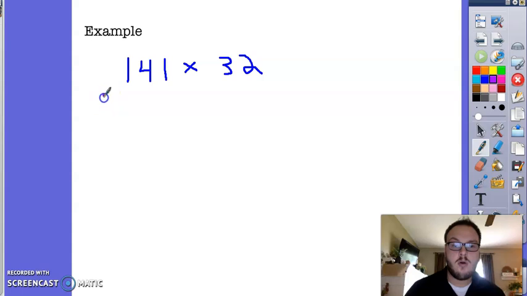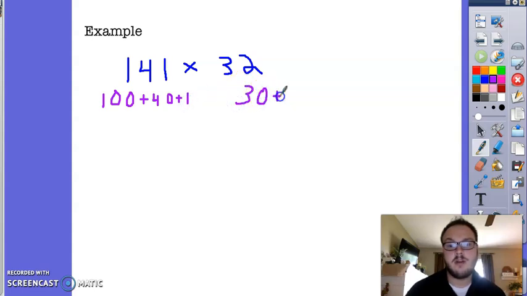So I have 100 plus 40 plus 1. And then I have 30 plus 2. I need to break it down. Again, I'm going to just leave it on top for it to be convenient.